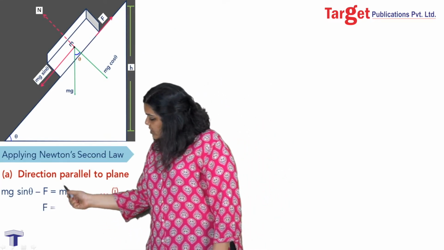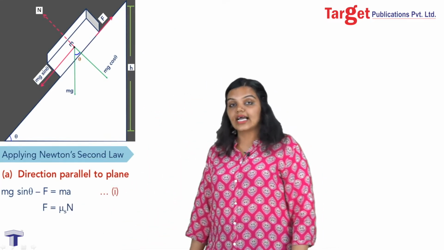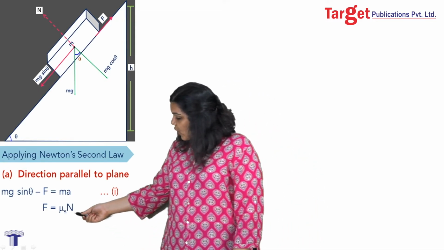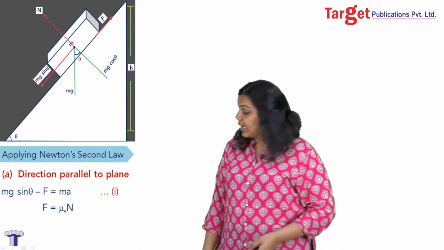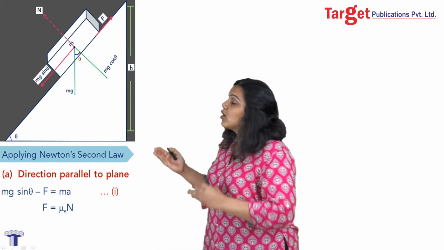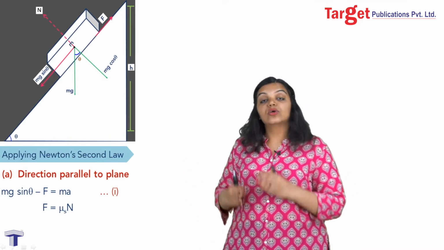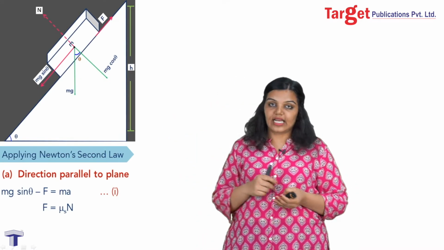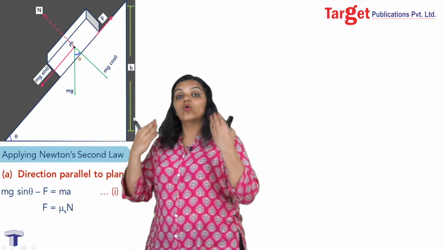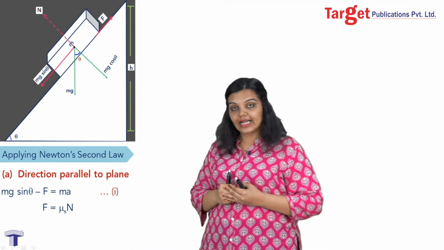But I know that F is nothing but mu s N because that is the formula for static friction. Now you might ask, why am I using the formula for the maximum value? I'm using it because I'm looking at the case when this block is actually moving downwards, which means it is the maximum case of static friction. Because the block is moving, I have already overcome the maximum value of static friction.